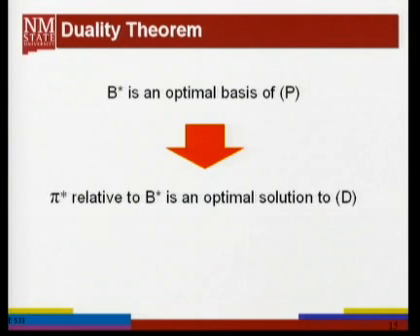Like this screen says, if the basis set is an optimal basis of the primal problem, then the simplex multiplier vector pi relative to this optimal basis is an optimal solution to the dual problem. Is that complicated? Then let's consider an LP maximization problem.